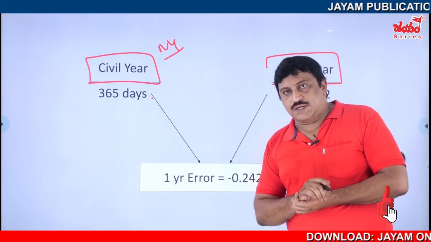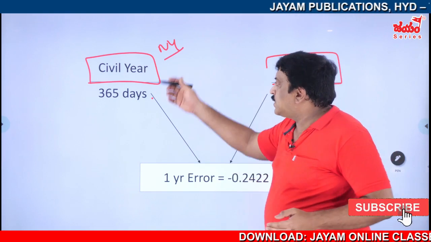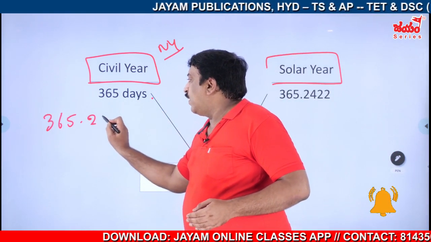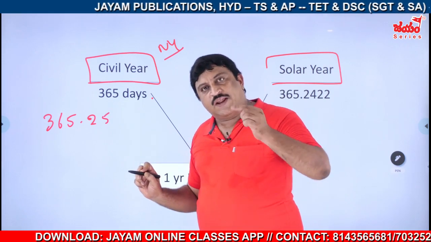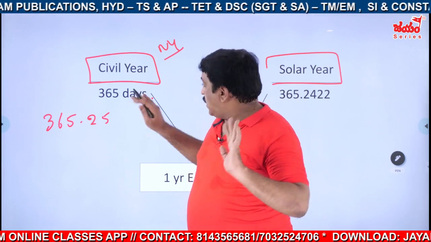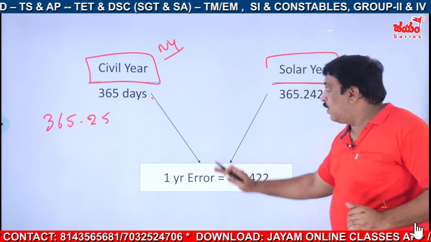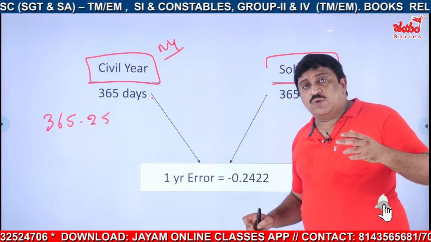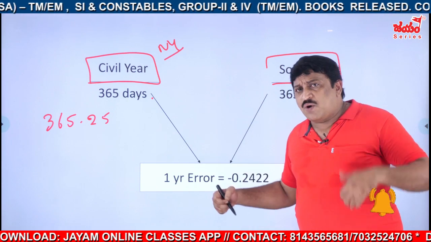1/4. Let it be for 4 years, how much is it? In the previous discussion I said it is 365.25 for every year, and for that reason it is multiplied by 4. But let it be 365 days exactly as it is, and let us start with this one now. If this is the case, your error is how much? Minus 0.2422. You have taken less time or more time?